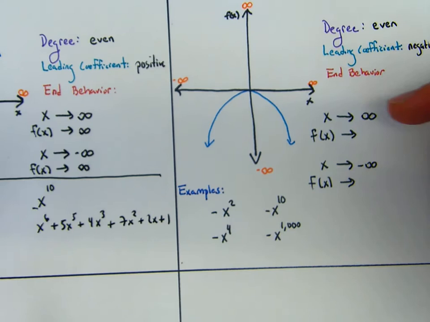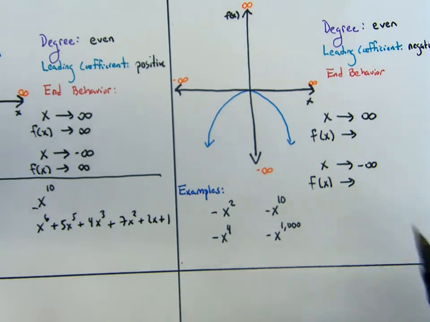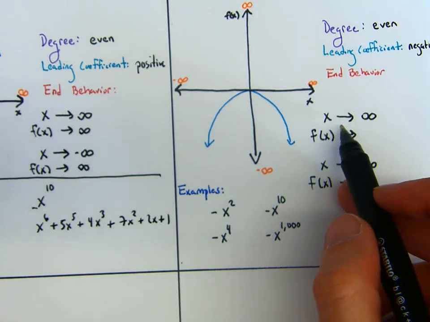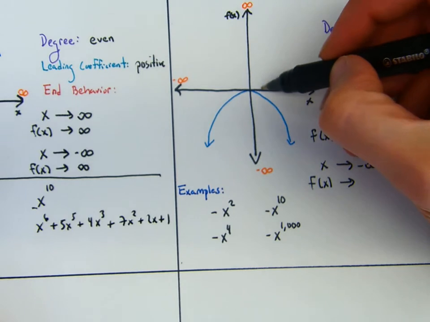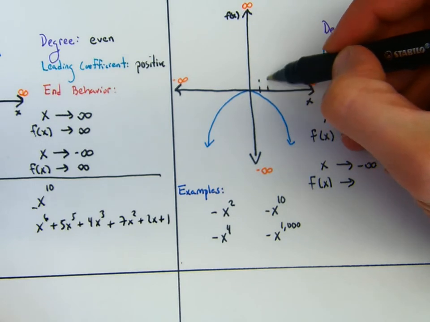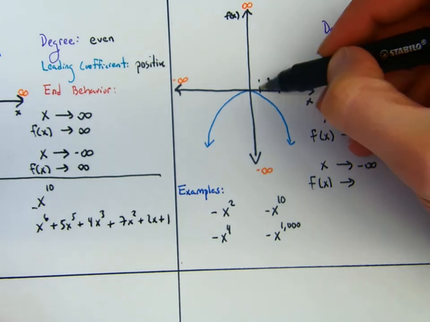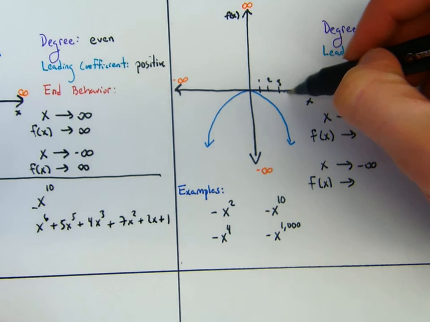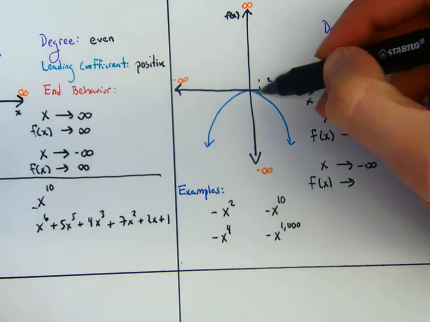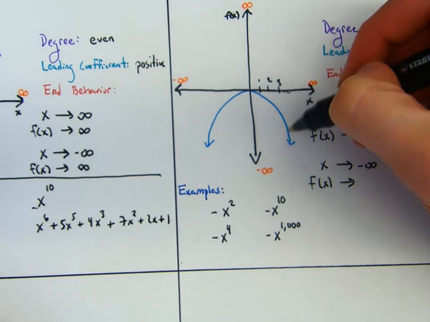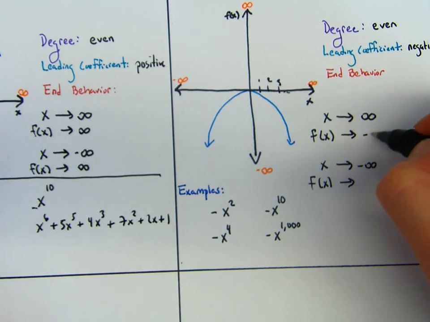Pause the video and think about it, right? This is 1, this is 2, this is 3. As x is getting closer to positive infinity, what is happening to my f of x value? It's going down to negative infinity.